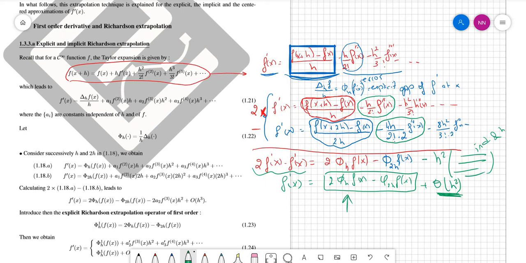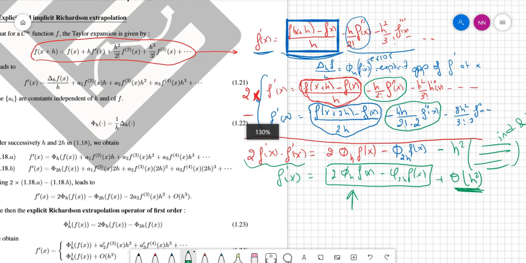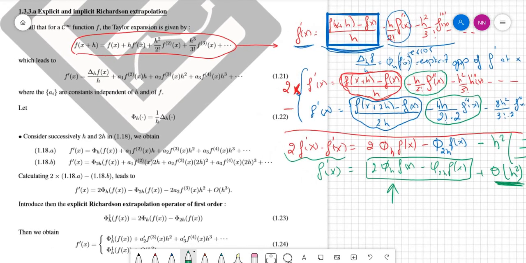Okay, so we go back to the written text. This is exactly what's written in here on the left side. So if we write f prime and f double prime as I said, and then we multiply the first one by 2 and then we subtract them, we will have an order of h squared somewhere in here. Okay, so phi 1h, now it will be denoted phi 1h.